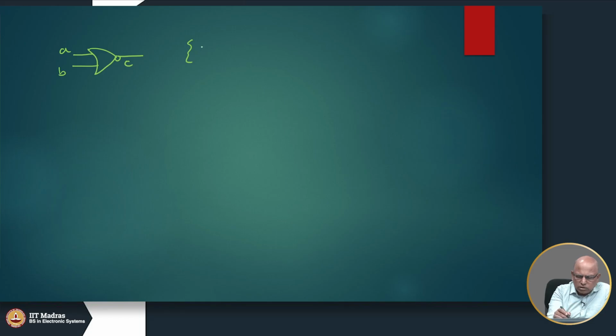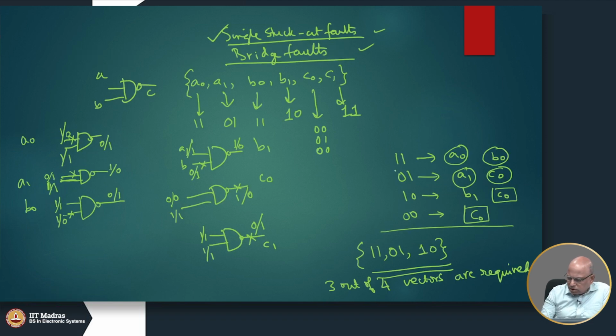Start with the fault list A0, B0, A1, B1, C0, C1, and try to find a test vector for each of these faults, and then construct a table like the one which we did before. What does the vector 1 1 catch, what does the vector 0 1 catch, etc., and then pick the minimum number of test vectors required.